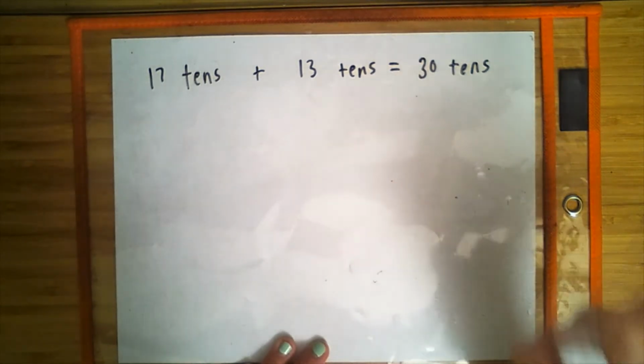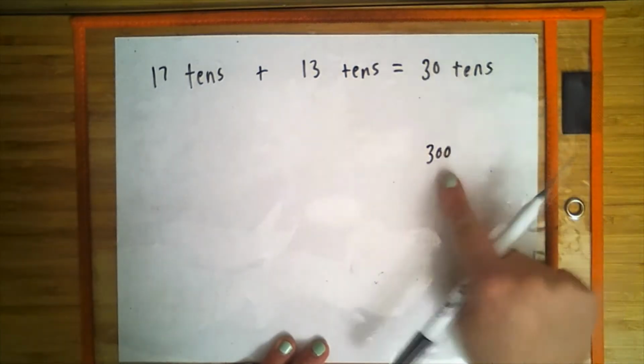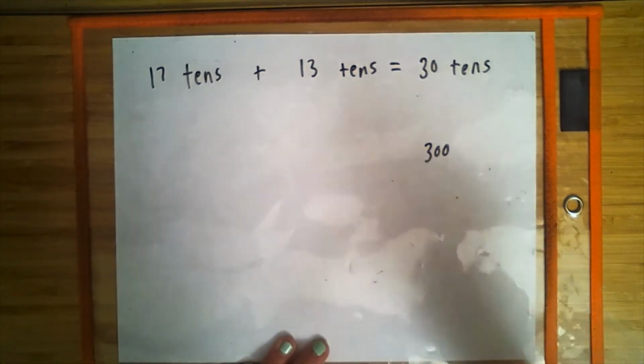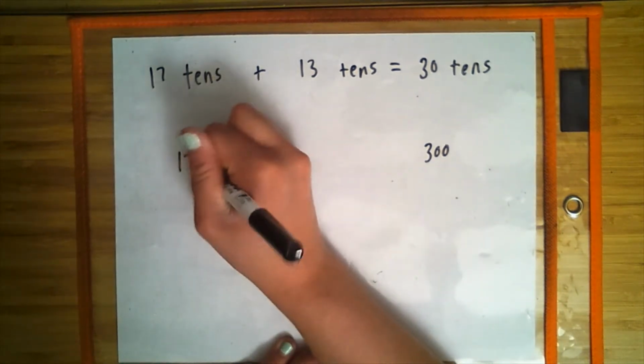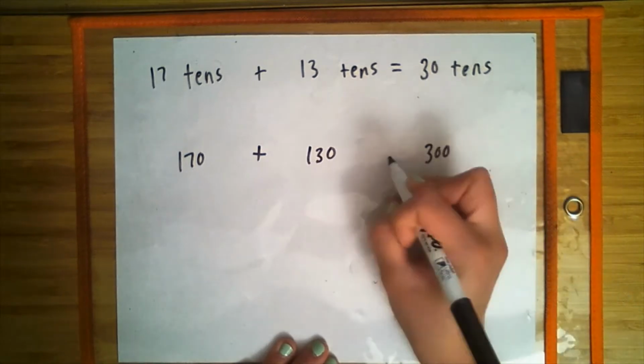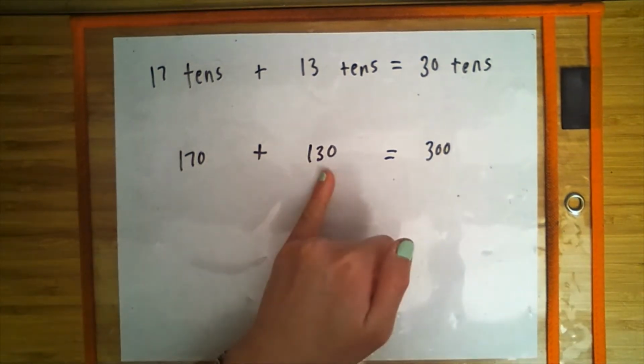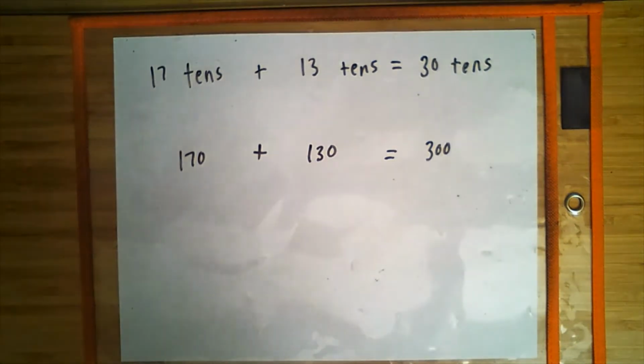Yeah, the value of 30 tens is 300, and I'm going to go ahead and write that down here. So then what is 170 plus 130? 170 plus 130 equals 300.